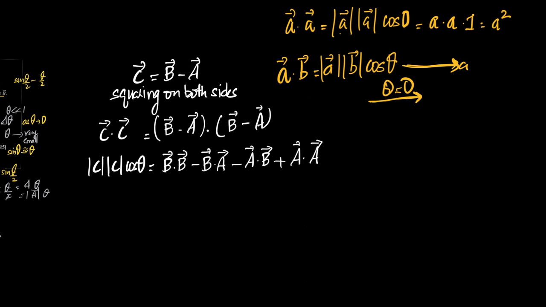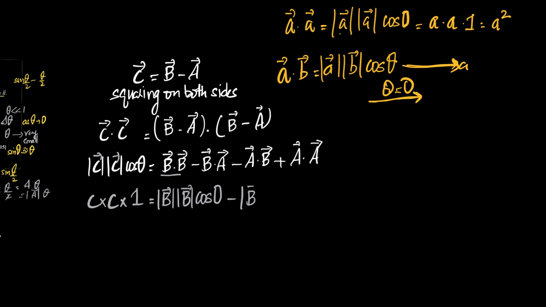So by the same logic, we know here that modulus of vector c is c. What is vector c? C. Cos 0 is 1. Now what is vector b dot vector b? It is modulus of vector b into modulus of vector b into cos, what is theta here? Cos theta is 0, minus, what is vector b dot a?